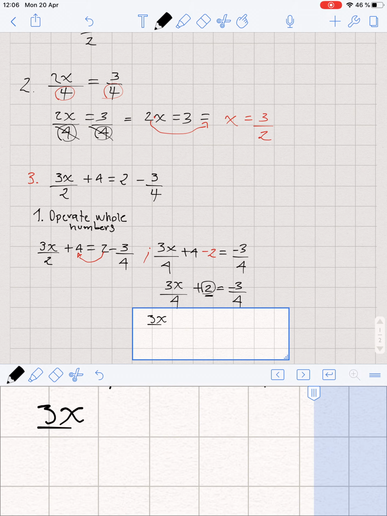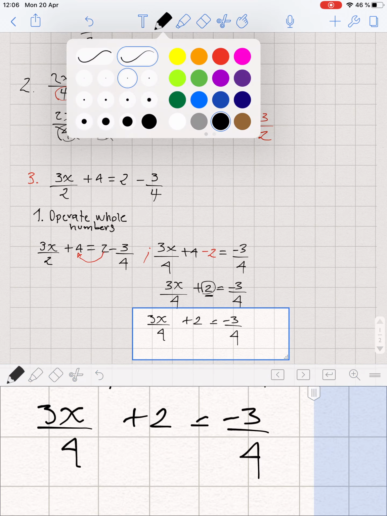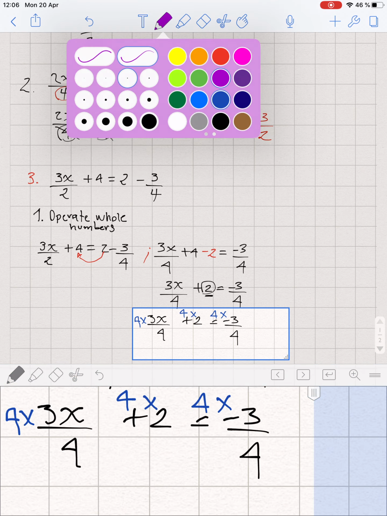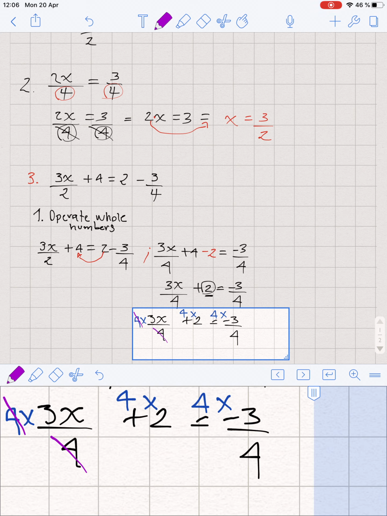That means 3x divided by 4 plus 2 equal minus 3/4, so we will have 2 times 4, times 4 and times 4. When you have this condition, we can do this: 4 dividing, 4 multiplying cancel out. 4 times 2 is 8, and 4 dividing, 4 multiplying cancel out.